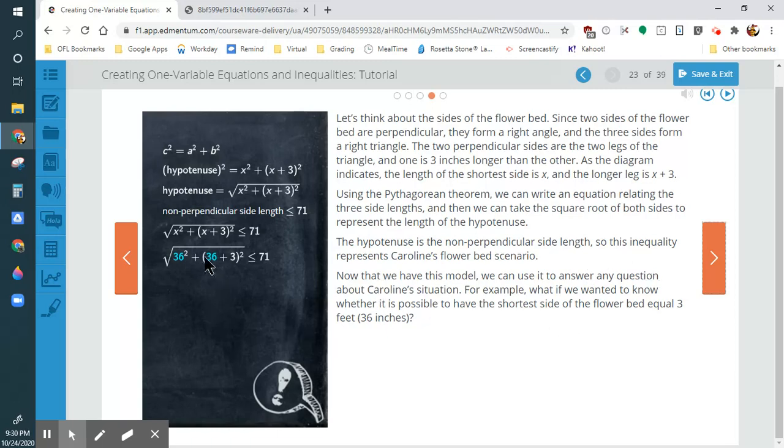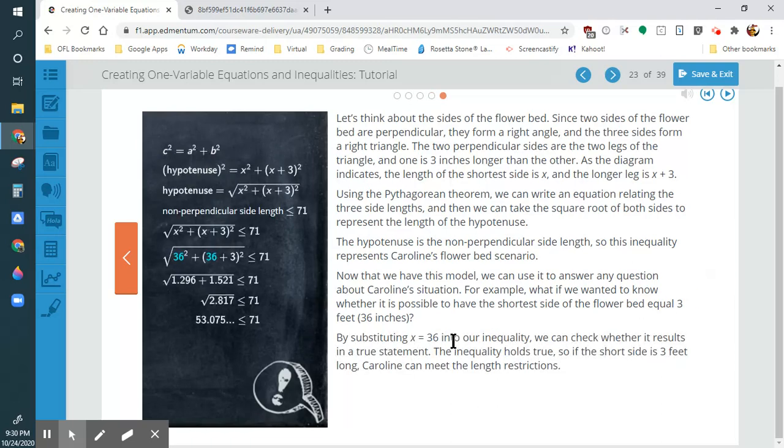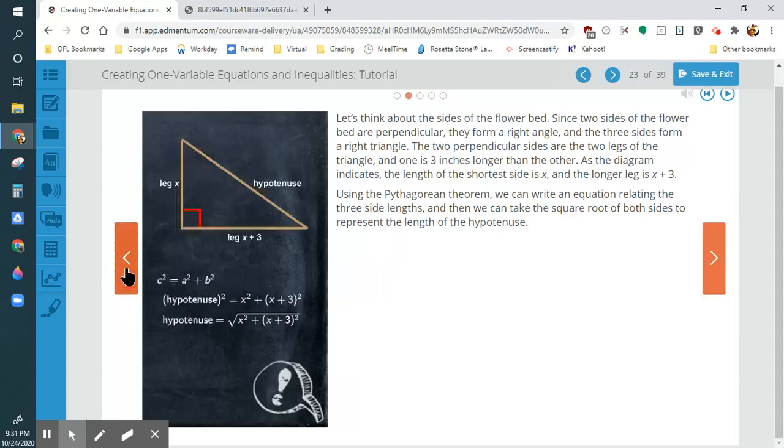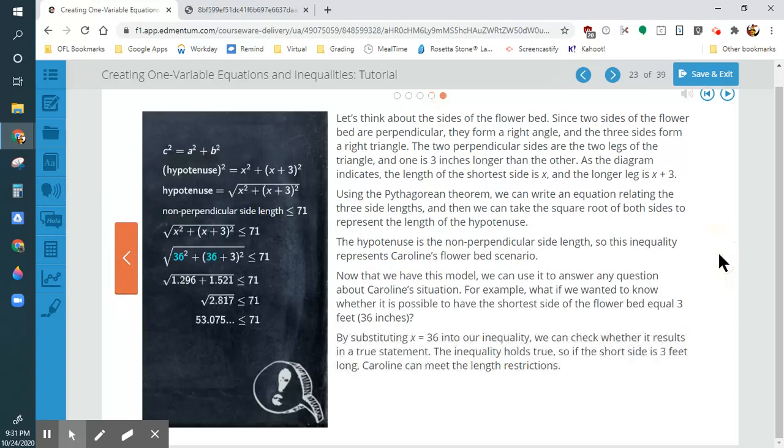So we're plugging in the answer that we got previously and checking if it works. She's seeing if her answer works. So she's seeing, well, let me try making this 36 and seeing if that'll be okay. It is less than, so it works. We're good to go. I don't know why I did a thumbs up right now. You guys can't see me.